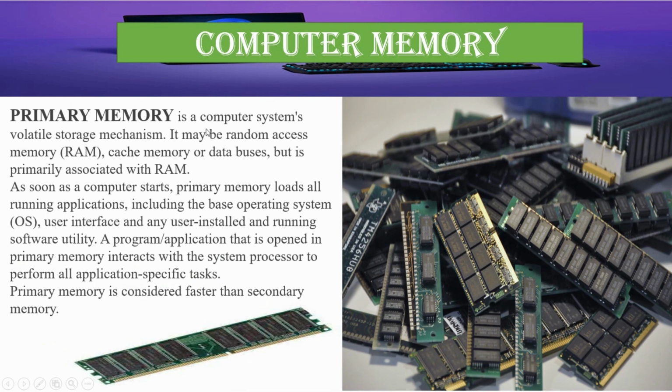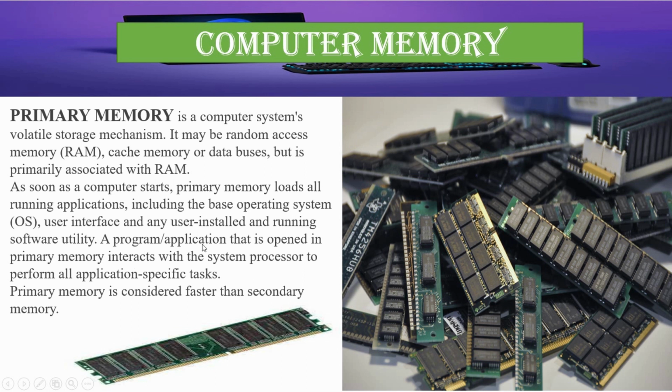Primary memory is a computer system's volatile storage mechanism. It may be random access memory, RAM, cache memory, or data buses, but is primarily associated with the RAM. As soon as a computer starts, primary memory loads all running applications, including the base operating system, OS, user interface, and any user-installed and running software utility.